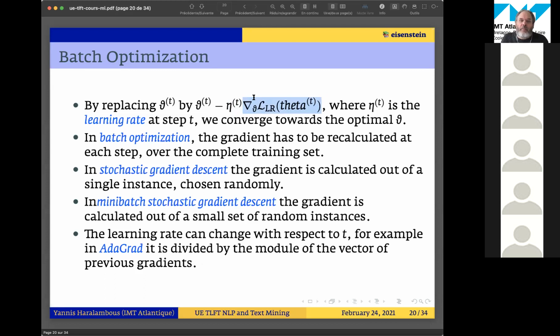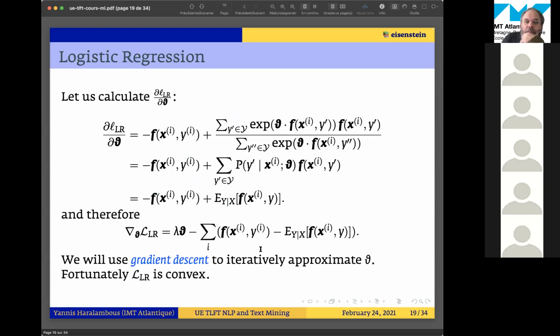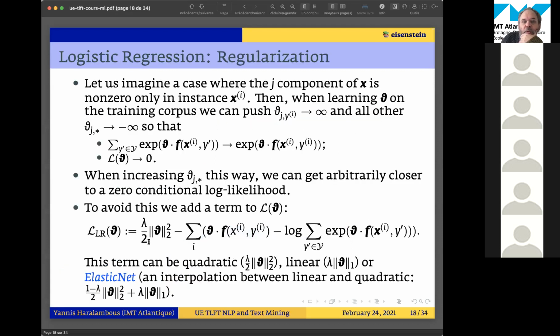Now, when I replace theta by this thing, it means I'm getting closer to the maximum of likelihood.